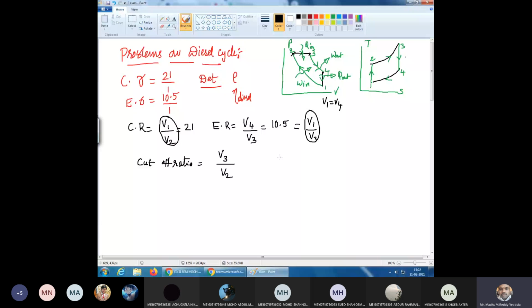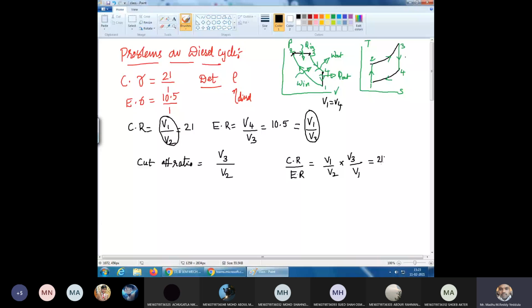Suppose I write compression ratio by expansion ratio: V1 by V2 divided by V1 by V3 equals V3 by V2, which is equal to 21 divided by 10.5.